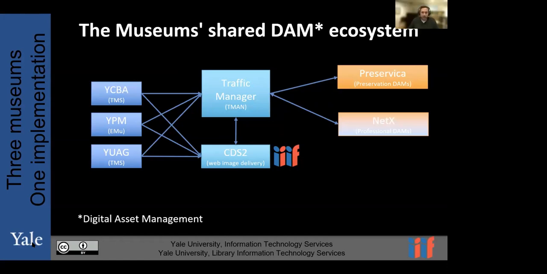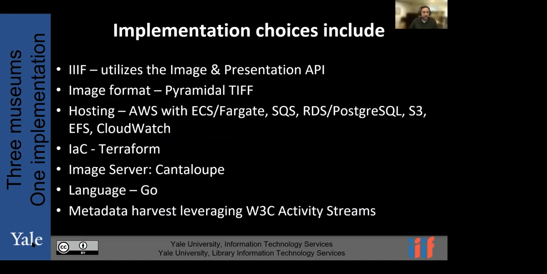The museums also publish data via activity streams, which are monitored by our Content Delivery Service, or CDS2, which leverages that data along with the images and additional metadata from TMAN to generate pyramidal TIFFs and IIIF manifests. The Content Delivery Service provides the IIIF content that each of the museums use for their collections portal.